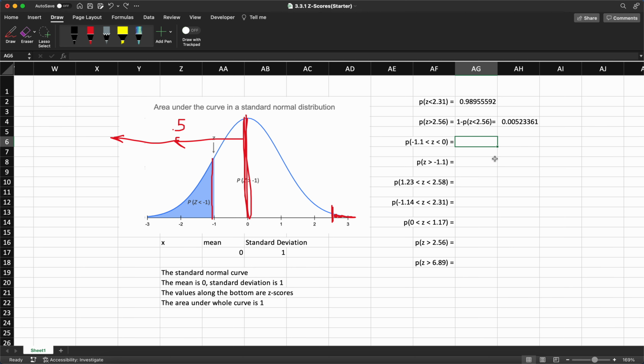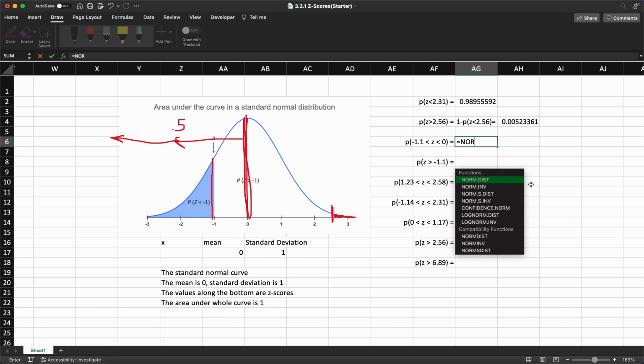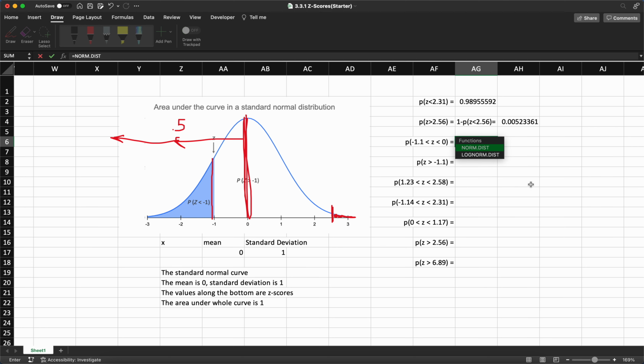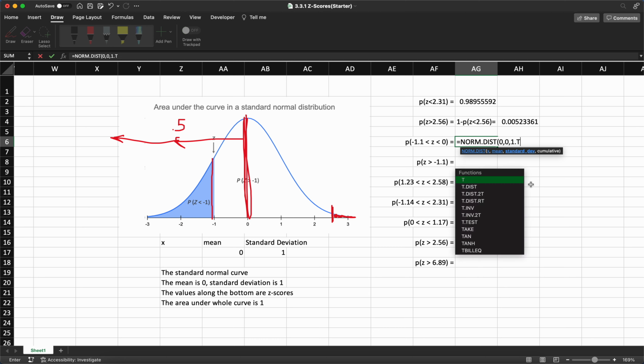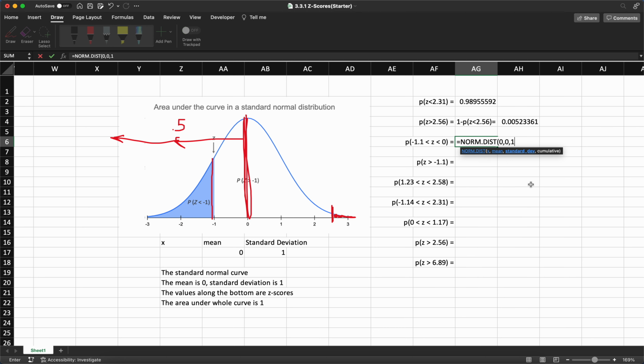So we're going to take 0.5 because we know that's what it is. I mean, I could always do, let me just show you real quick, norm.dist 0, 0, 1, comma, true. And look what that gives me. It gives me exactly 0.5. So we don't have to do all that out.